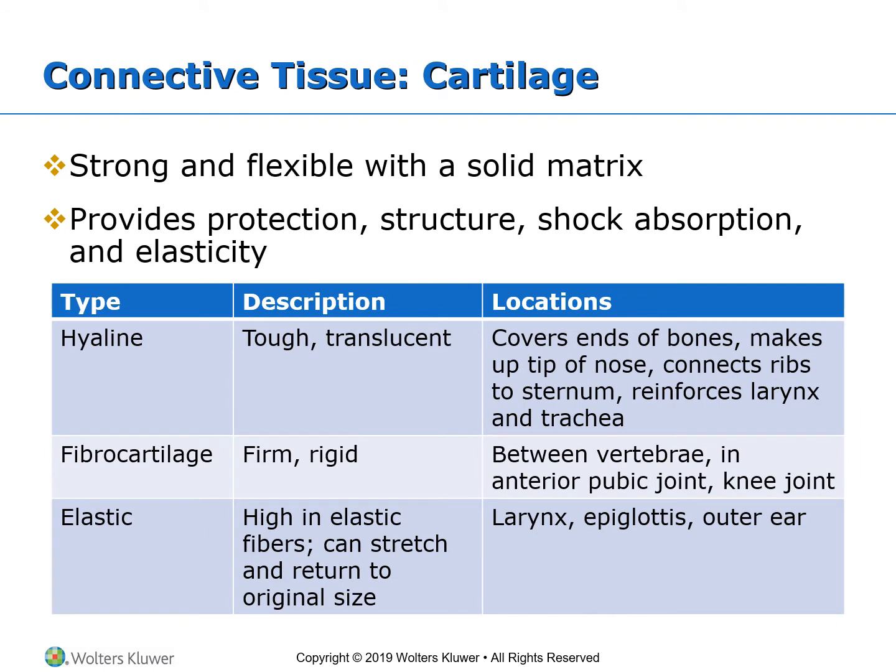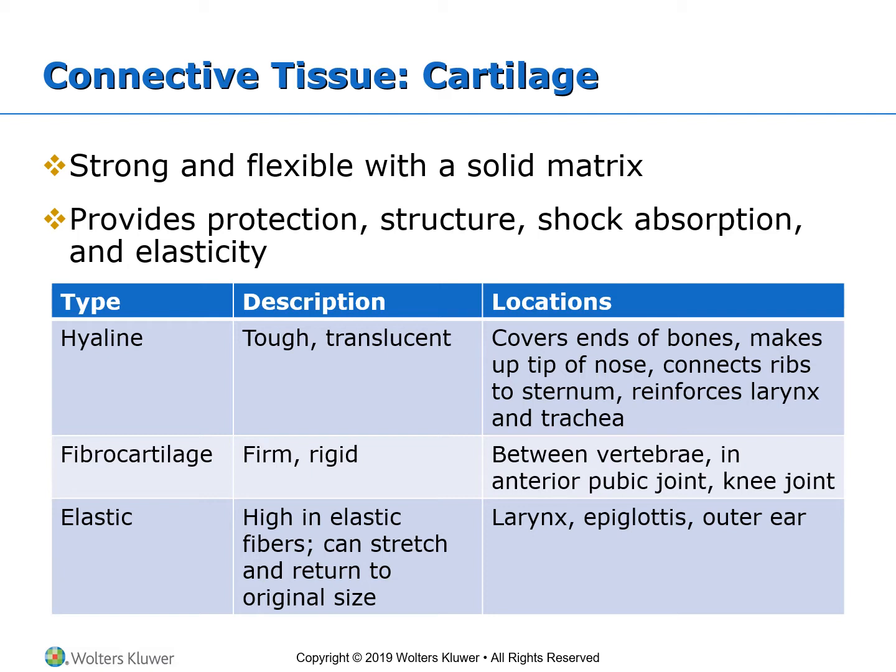Another type of connective tissue is the cartilage. Cartilage can be defined as a solid matrix that is both strong and flexible. It provides protection, provides structure, has a great way of absorbing shocks, and is very elastic. Inside the connective tissue that is the cartilage, we have three different types.